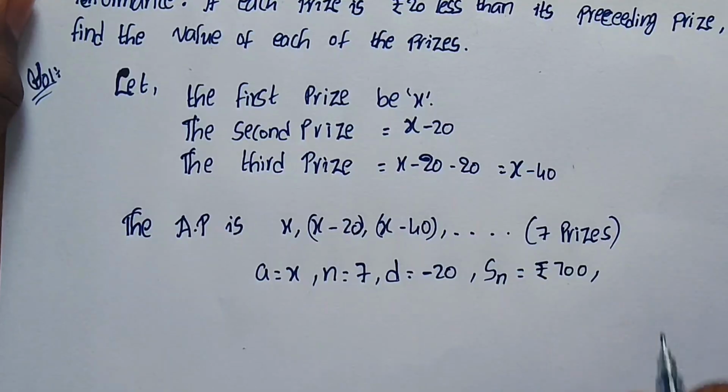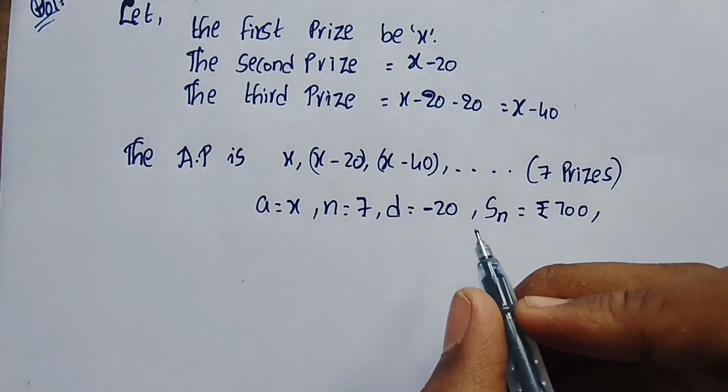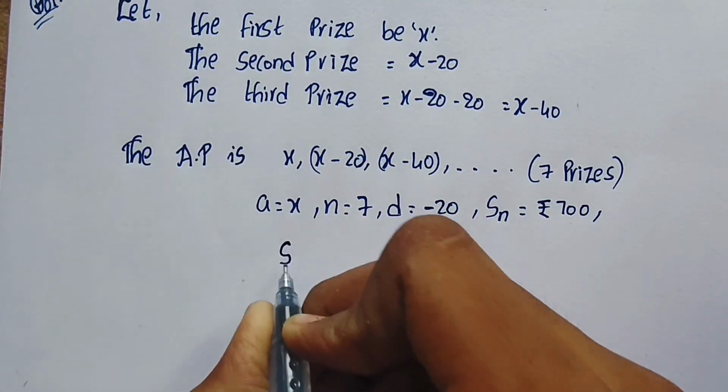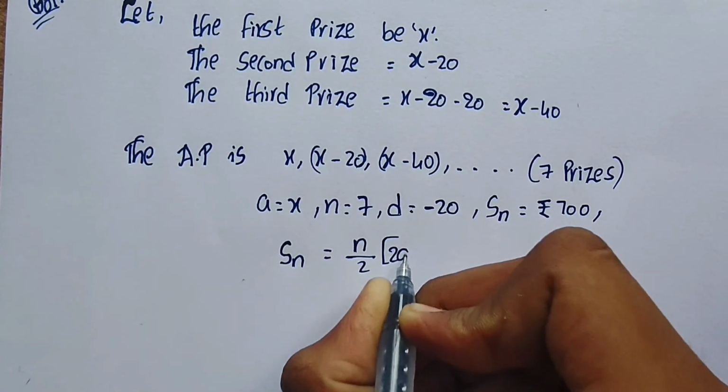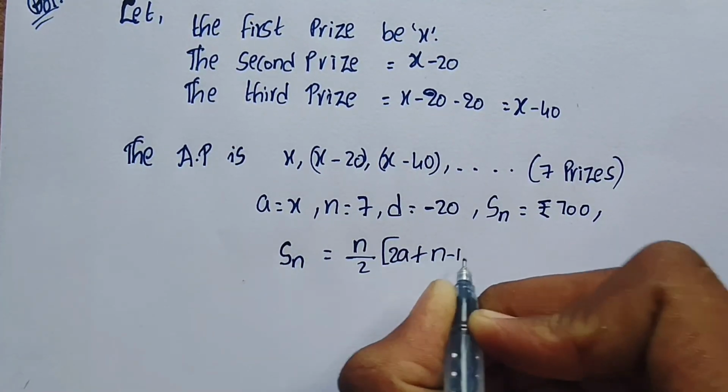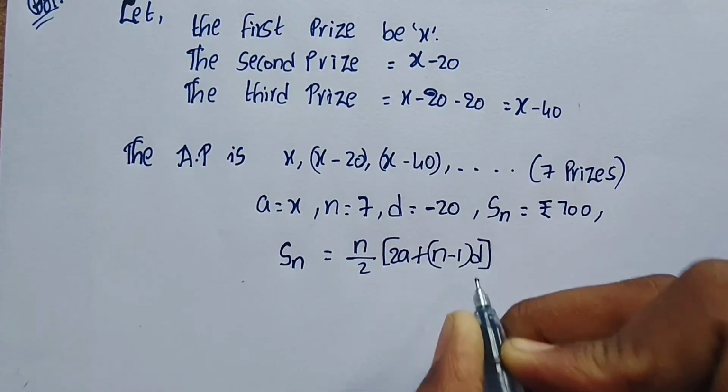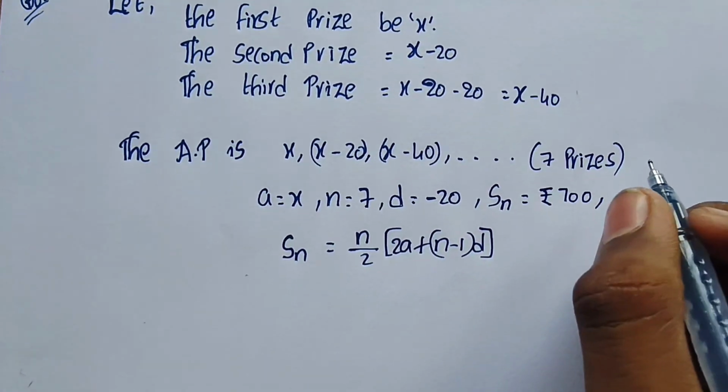We know the formula of S_n already. That is S_n equals n by 2 into 2a plus n minus 1 into d, the formula to find the sum of 7 prizes.